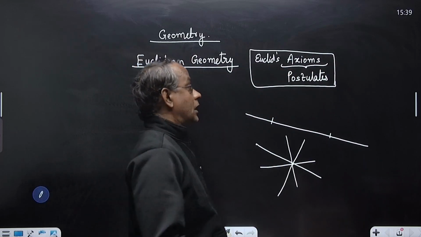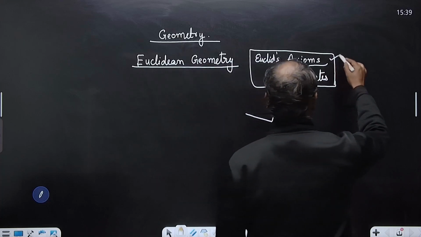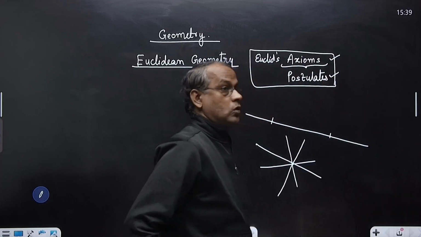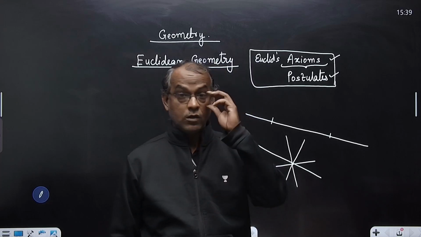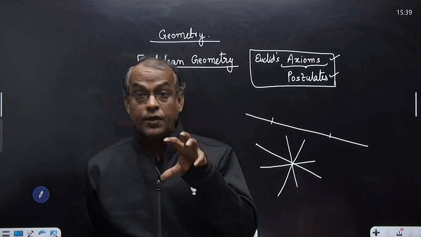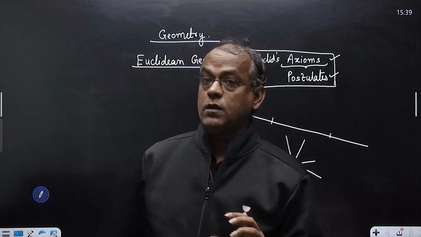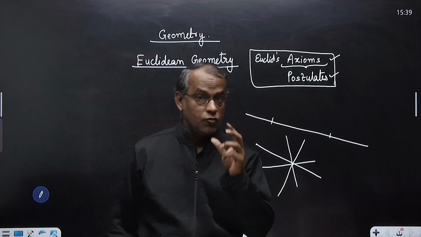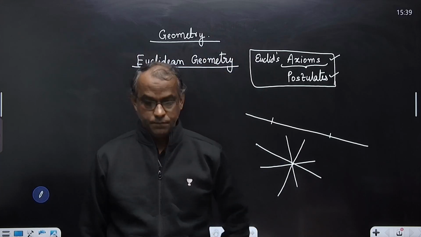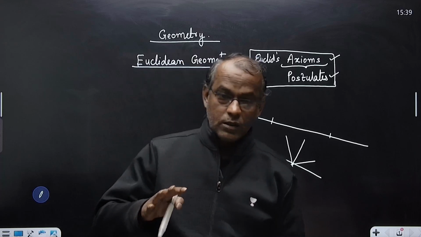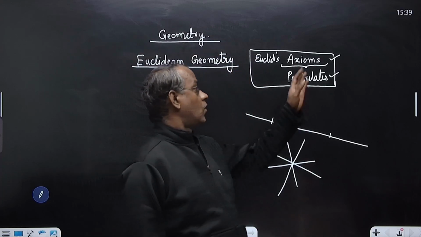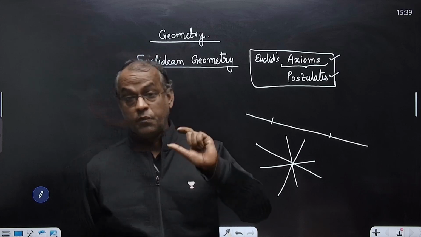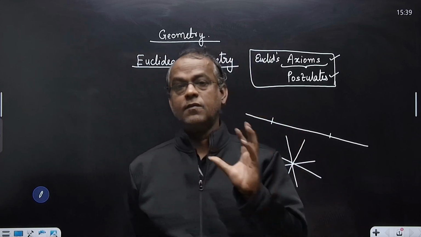I hope all of you go through these. They are inherent and intrinsic in understanding what geometry is, or when we enter into any mathematical field, you will tend to understand what this means. So please have an idea of what axioms and postulates are.